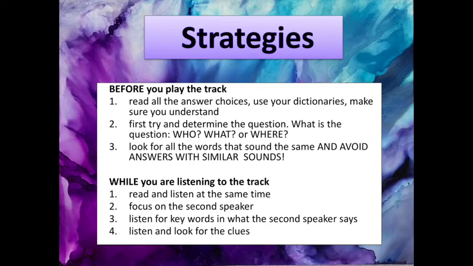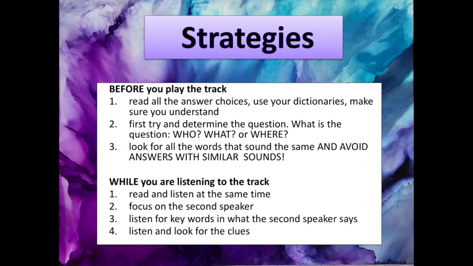Okay, 2. First, try and determine the type of question. Is it a who, what, or where question? For today's assignment, they will all be Skill 4 questions, so you will want to determine if each one is who, what, or where. 3. Look for all the words that sound the same and avoid answers with similar sounds.